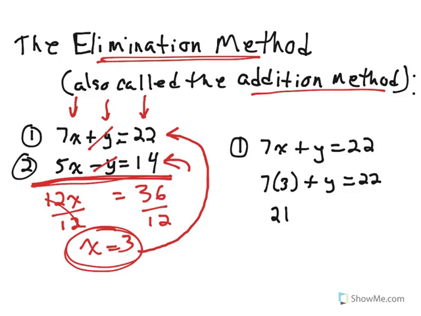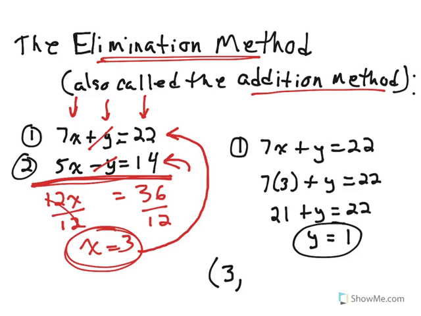This gives me 21 plus y equals 22. Subtract 21 from both sides of the equal sign, and we get y equals 1. So the solution to the system is the set of ordered pairs 3, 1.